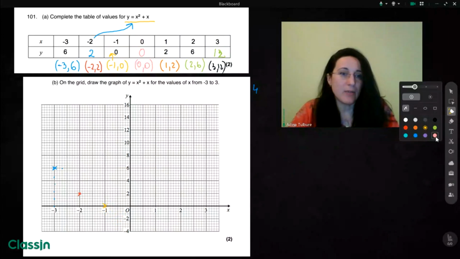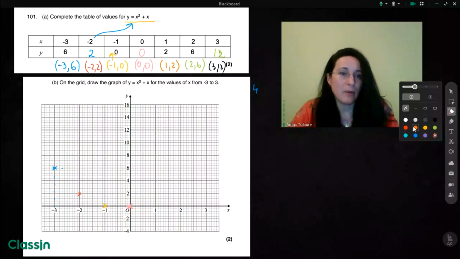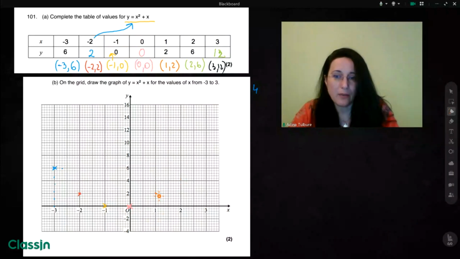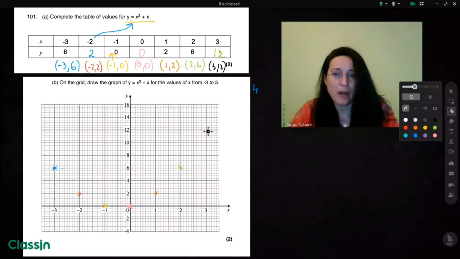And then the next one would be 0, 0. That's here. And then the next one will be 1, 2. And then 2, 6. And the last one would be 3, 12.